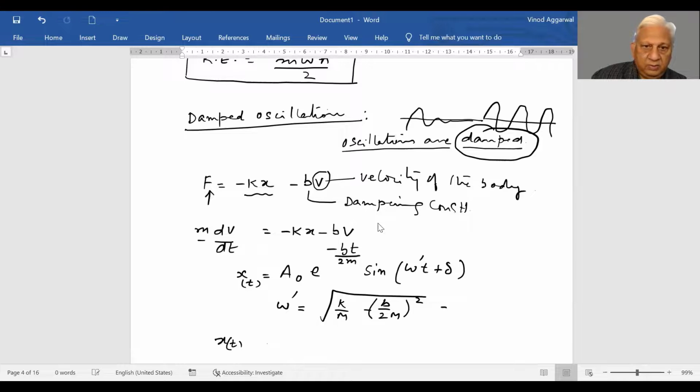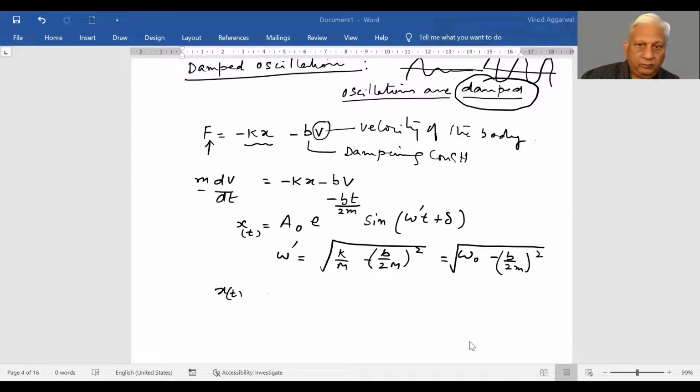and this also can be expressed as omega naught minus, this is square. And where does this omega naught come in terms of k and m?